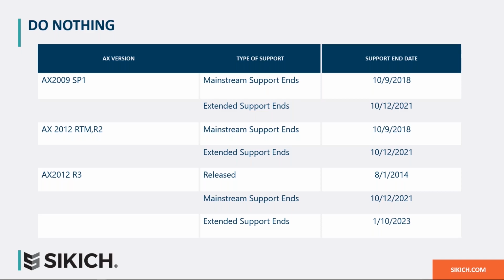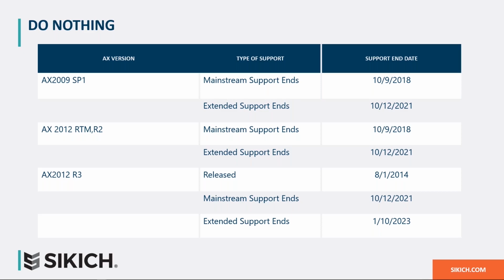So we have all sailed past that date. So if you're on 2012 RTM or R2, or 2009, you are now no longer under mainstream support. Extended support, which means you can access security patches and fixes, and they will be issued, extends through to 2021 for both the 2009 SP1 and 2012 RTM and R2.